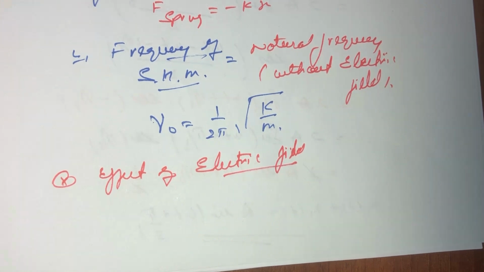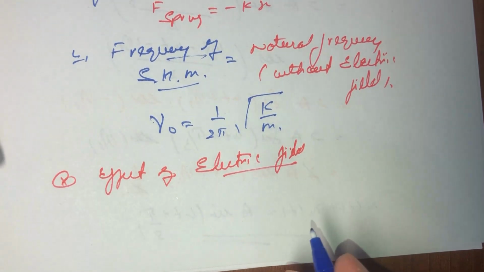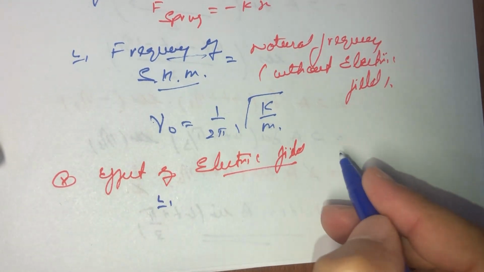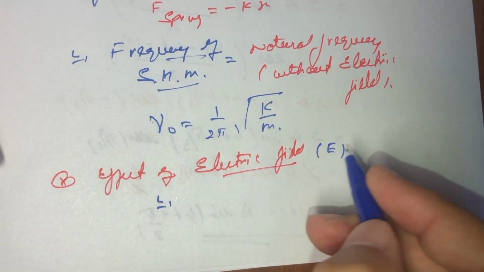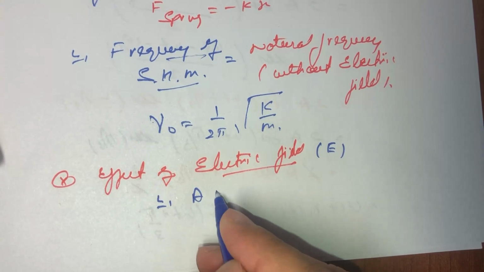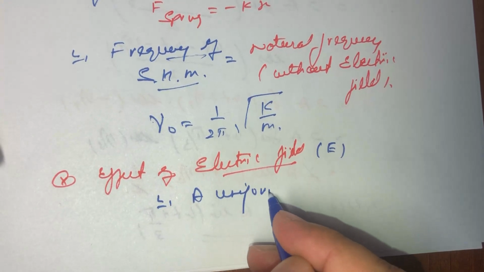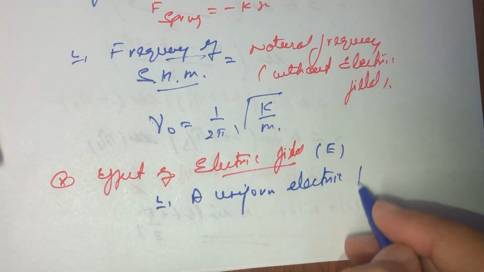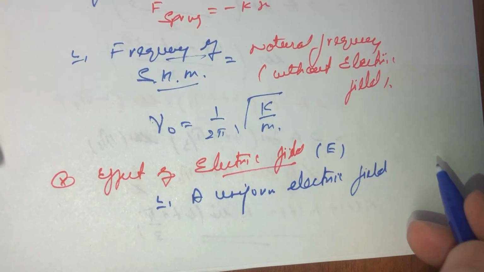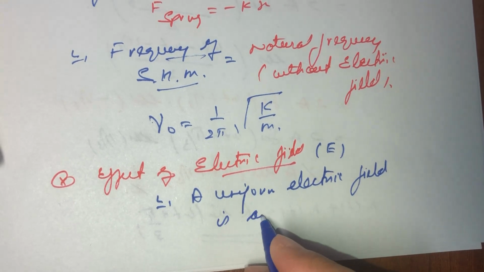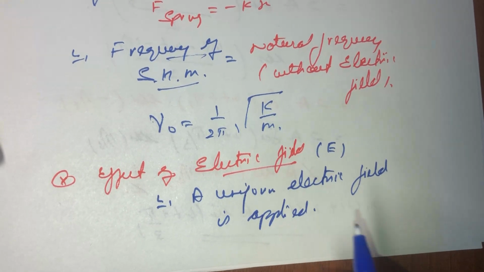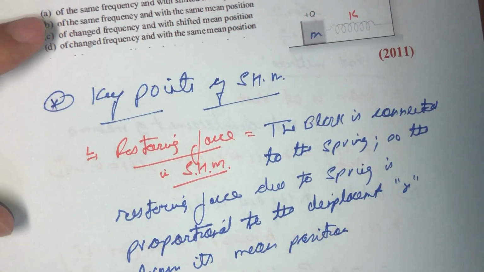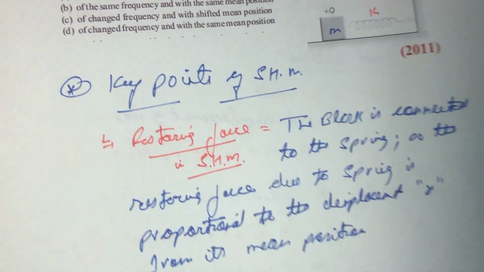So we can say a uniform electric field is applied. It is also said that the block carries a charge of plus q.